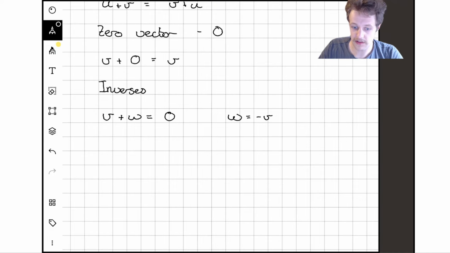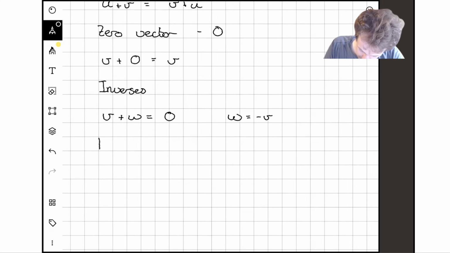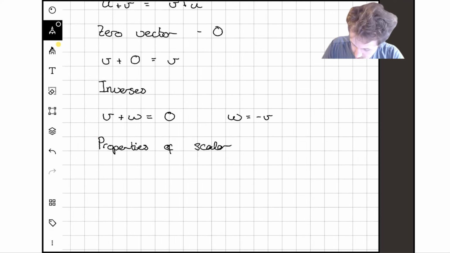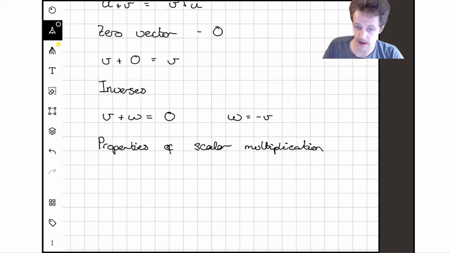Now, let's talk about the properties of scalar multiplication. The first rule for this multiplication is that 1 times any vector just gives us back the vector. It doesn't do anything.